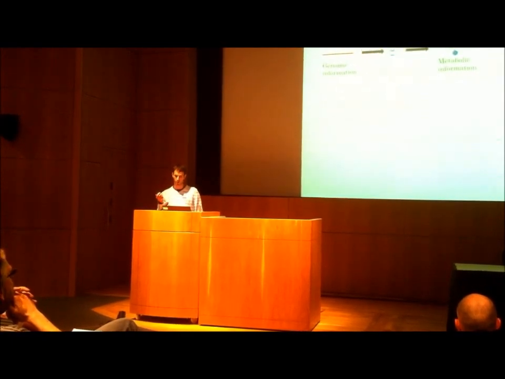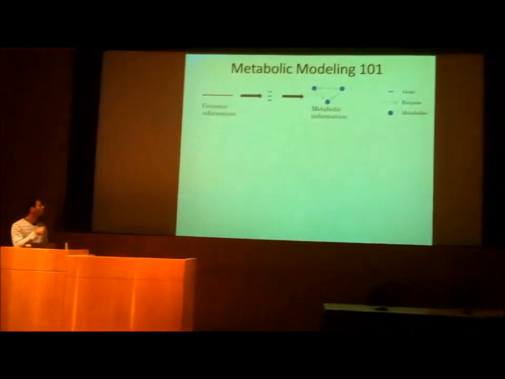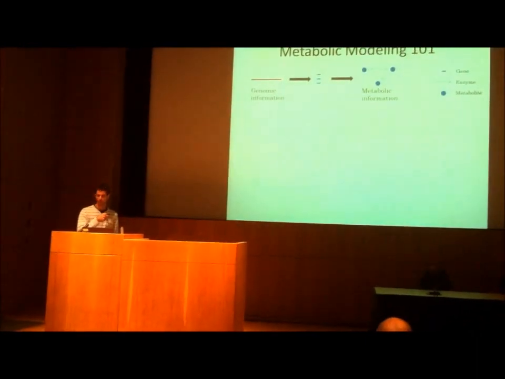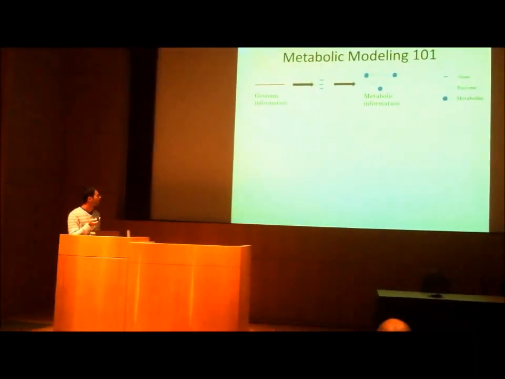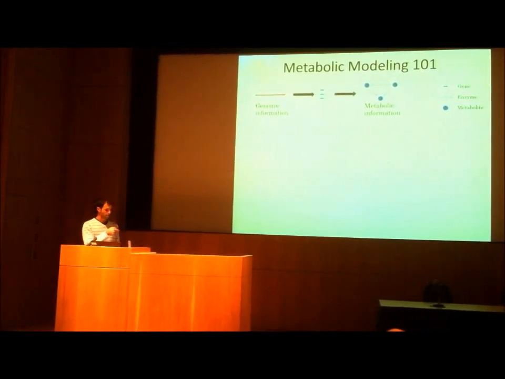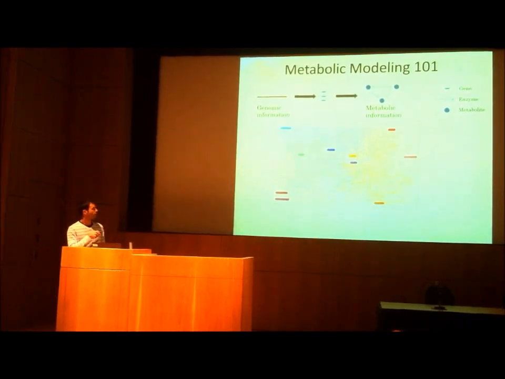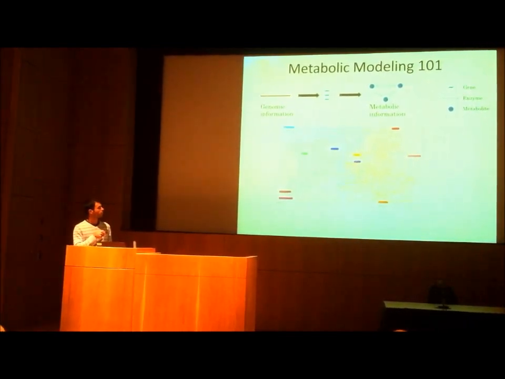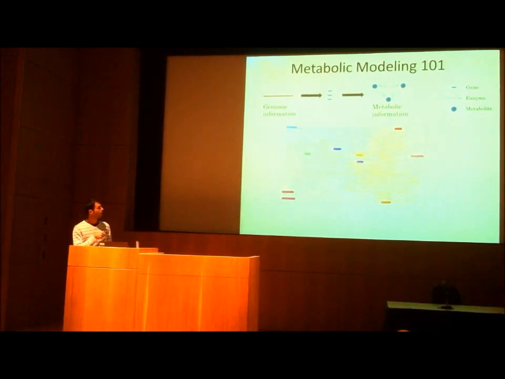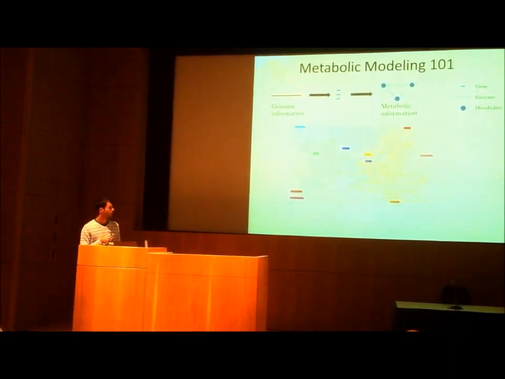So to give you a basic one-on-one on what metabolic modeling is, basically you start from the genomic information, the genome sequence of any bug that you choose. You extract the genes from the genome, then based on sequence similarity to known enzymes in databases, you can construct an initial metabolic network, and in this network the nodes are the metabolites and the edges are the enzymatic reactions.